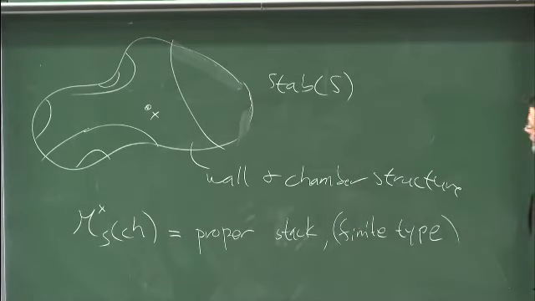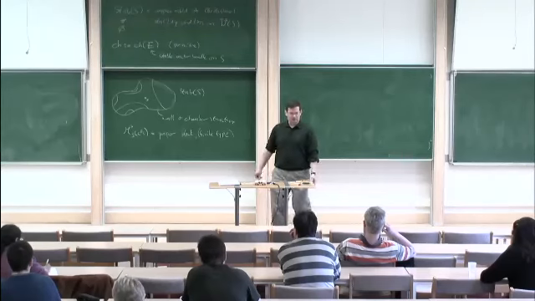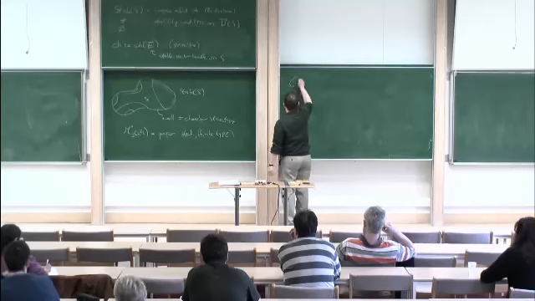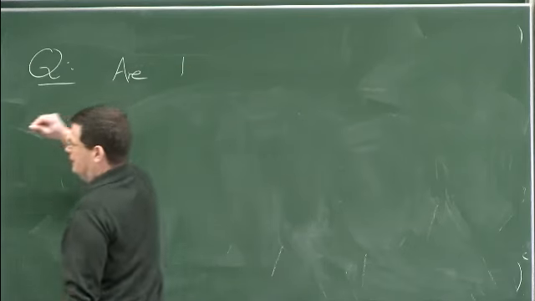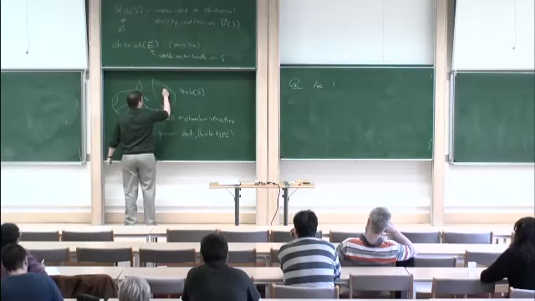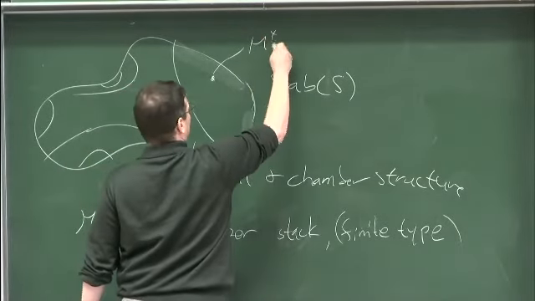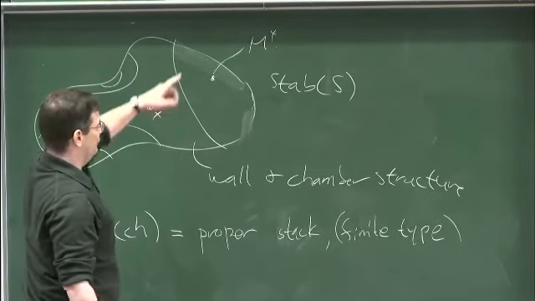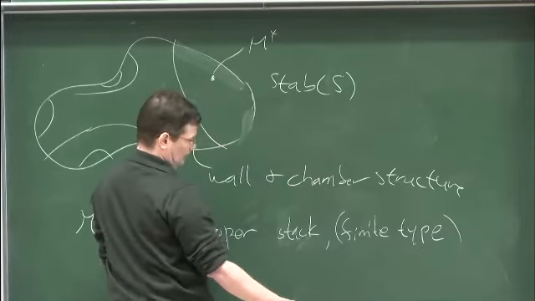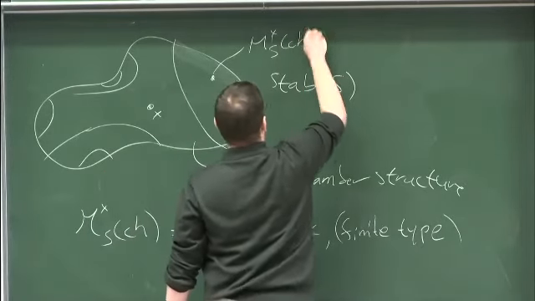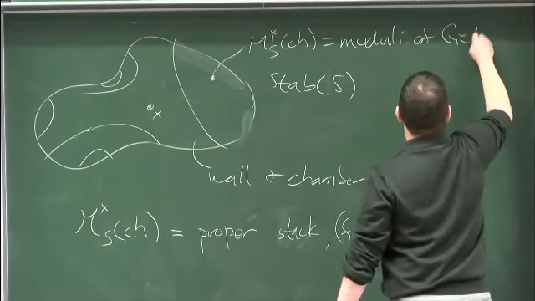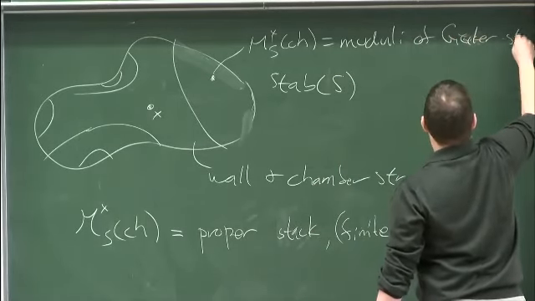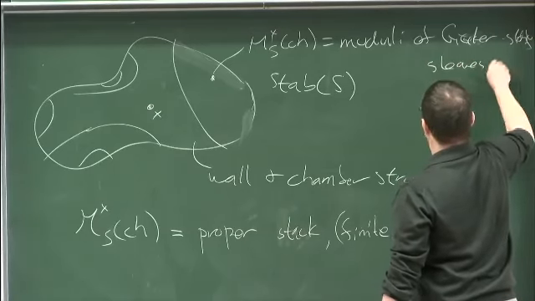And so I think the natural question, especially if you want to link this up with birational geometry and whatnot, is, there are a bunch of questions you could ask. First question you could ask is, and there's a distinguished chamber, and that's why I picked the class to be the class of a stable vector bundle, in which this is actually the moduli of Gieseker-stable sheaves with the given invariant.